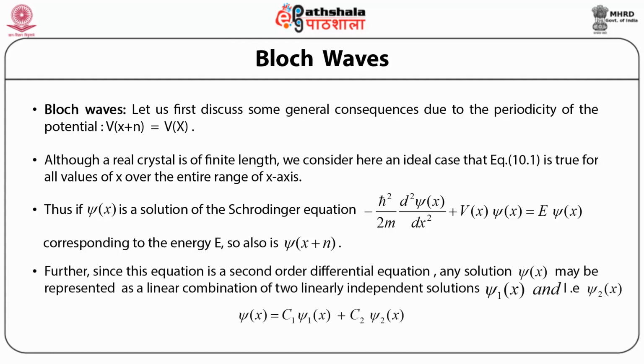Further, since this equation is a second order differential equation, any solution psi(x) may be represented as a linear combination of two linearly independent solutions psi1(x) and psi2(x), that is, psi(x) = C1 psi1(x) + C2 psi2(x).